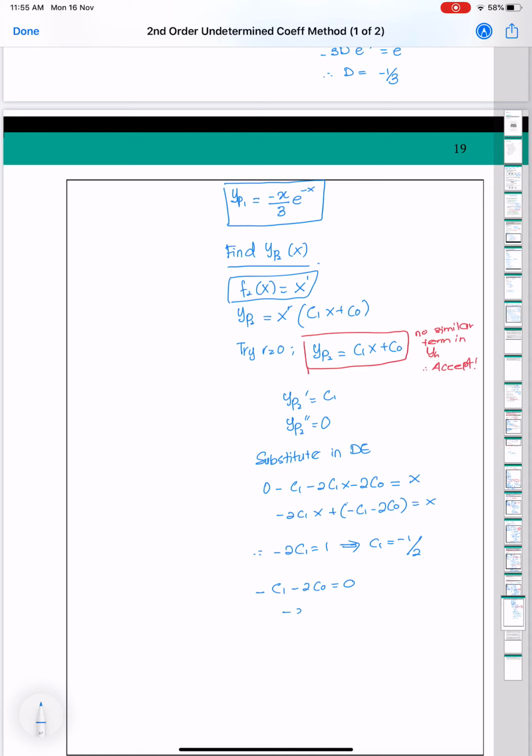So negative 2c naught equal to c1, which is negative 1 over 2. So c naught is equal to 1 over 4. Therefore, my yp2 is equal to negative x over 2 plus 1 over 4.